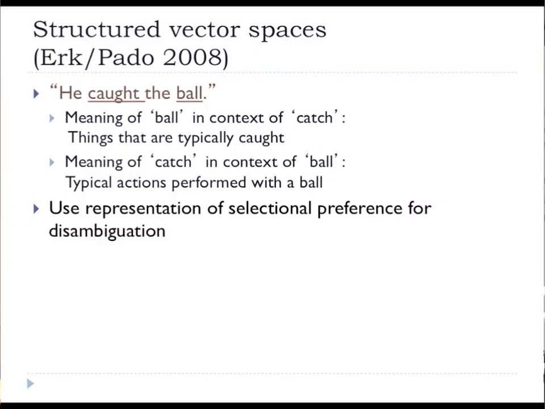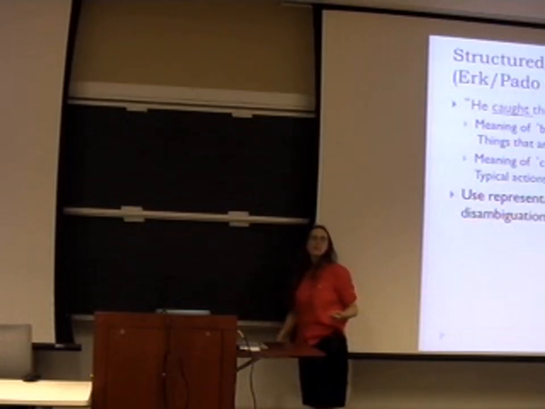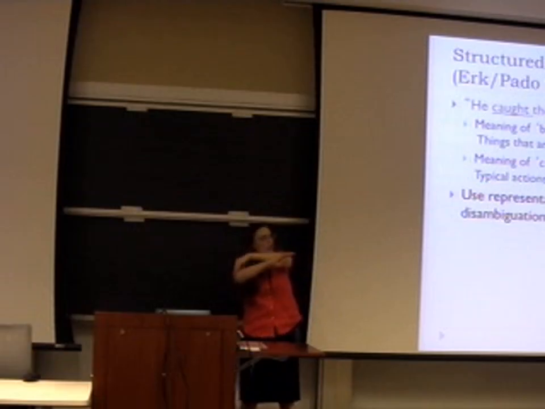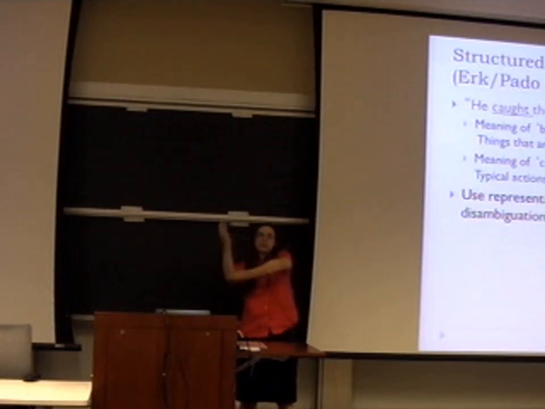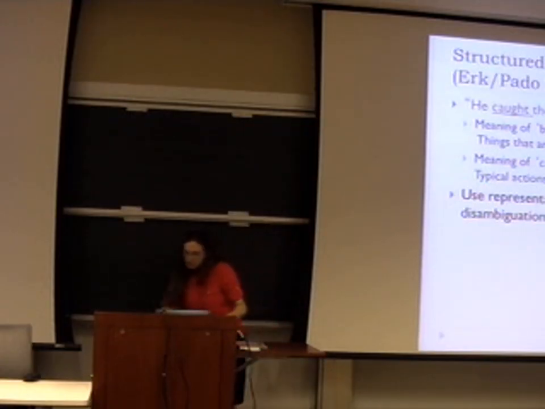So we use selectional preferences for disambiguation, and in particular we use the selectional preferences of catch to disambiguate ball, and the other way around, the inverse selectional preferences of ball towards the predicates that occur with it to disambiguate catch.